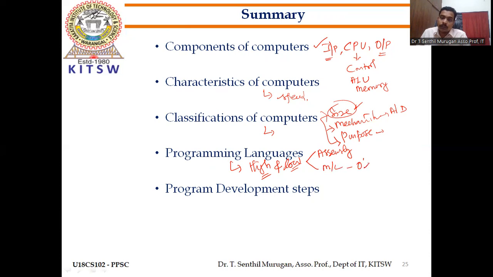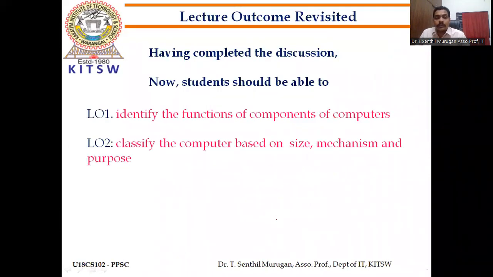Machine language is zeros and ones, and assembly language uses mnemonics. Finally, program development steps, six steps we discussed: identify the problem, analyze the problem, write the algorithm, implement the code, then testing, maintenance. So these topics we discussed.